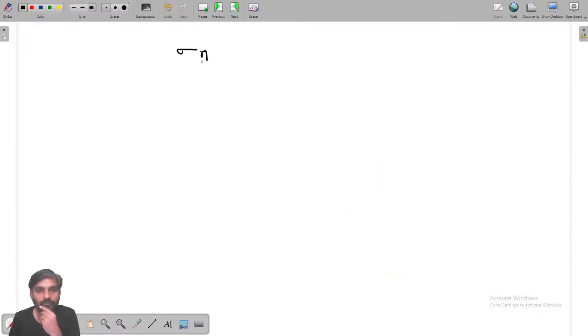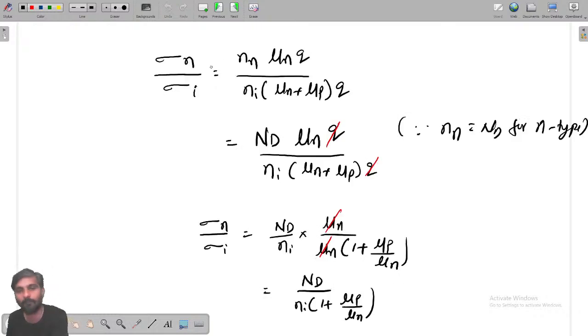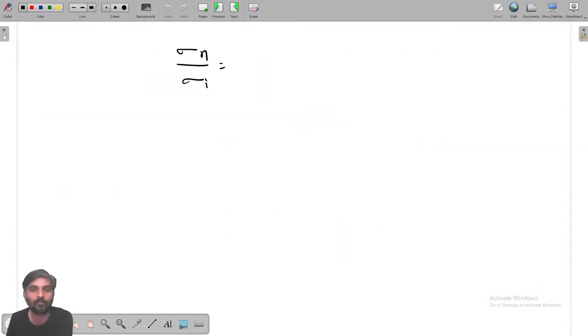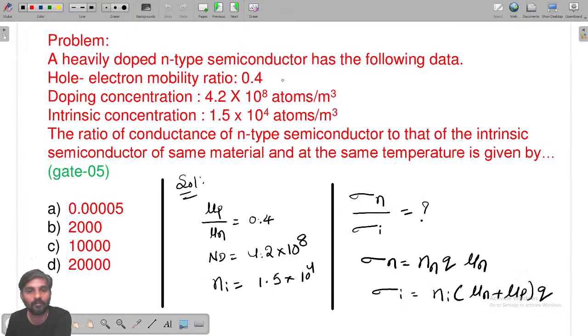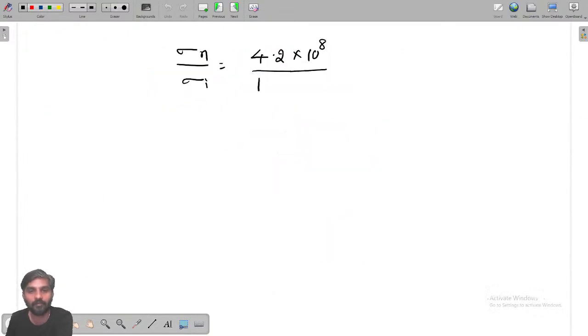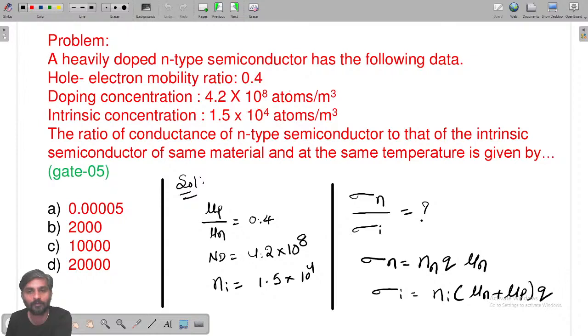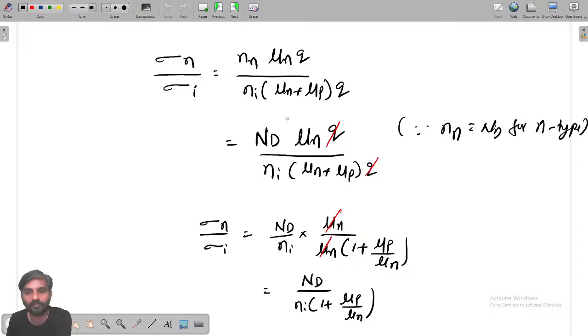So sigma n by sigma i is equal to Nd, which is 4.2 into 10 to the power of 8, by Ni, which is 1.5 into 10 to the power of 4, into the ratio of mu p to mu n.